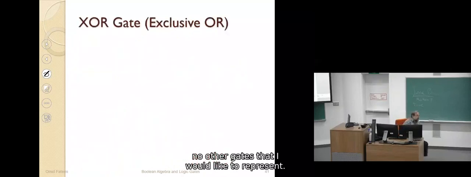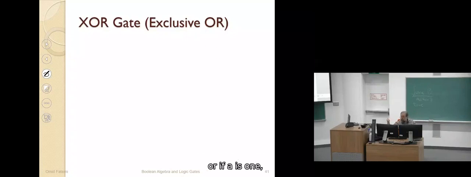The other gate that I would like to present to you is XOR, exclusive OR. From the name, what do you suggest? What do you understand? Exclusive OR. It means that so long as the two inputs are the same, we're going to get a false return. Because it is exclusive OR, exclusively either this or that, not both of them.